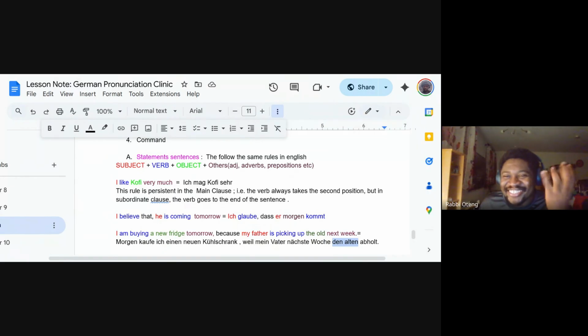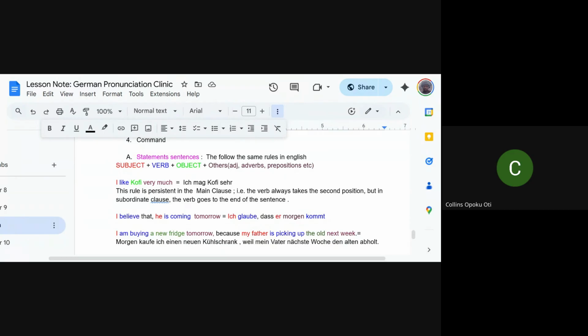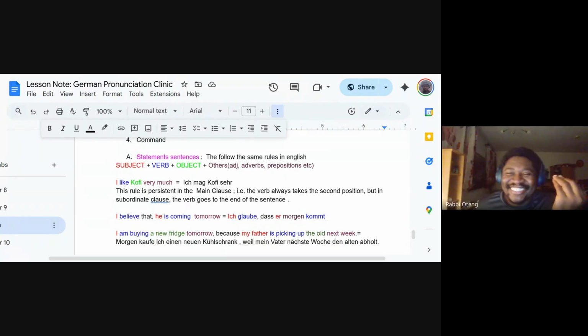That's C1 style, because any beginner would say alten Kühlschrank. So in English you'd be asked, do you have a phone? I have one.